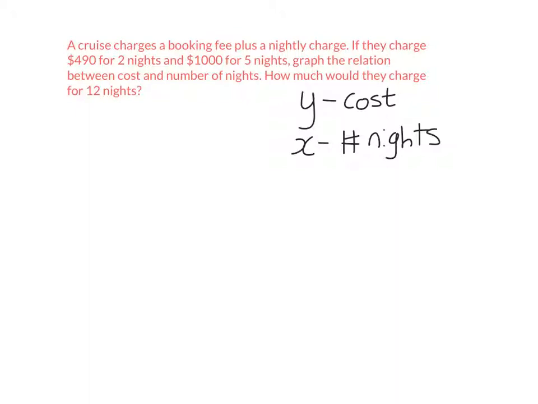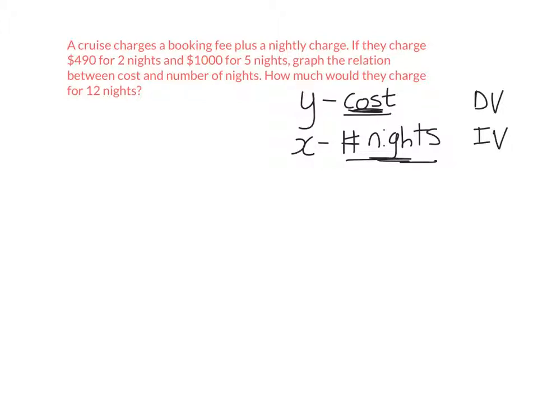But usually x is what we call the independent variable and y the dependent variable. The number of nights you stay doesn't depend on the cost, but the cost depends on the number of nights you stay. So for all of these applications, usually it involves cost. It is just convention that cost is on the y-axis.